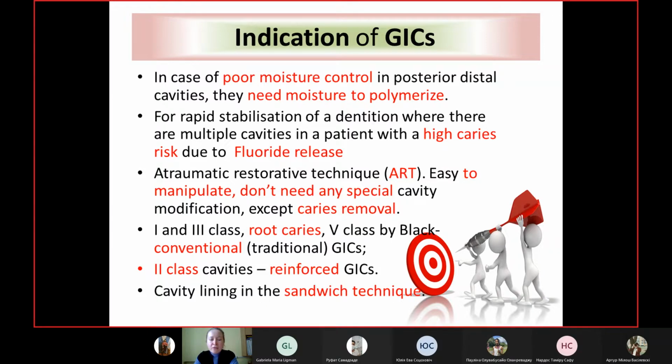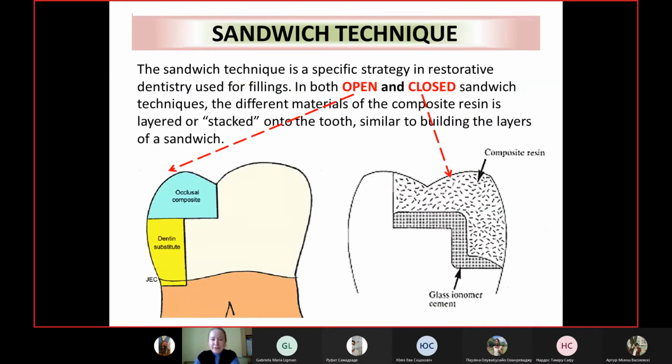And don't forget about linings. Glass ionomers can be used as a lining, especially in a sandwich technique, to replace the dentine. The main task of glass ionomer in the sandwich technique is to replace dentine, because one of the properties of glass ionomer cements is that they correspond to the thickness of dentine.